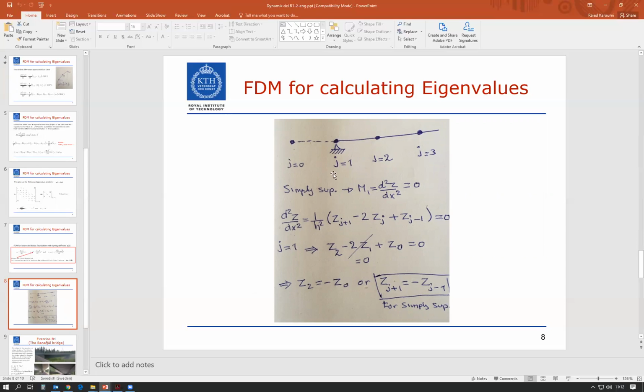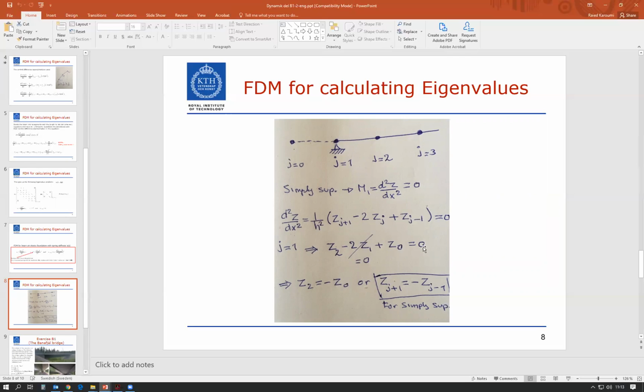We write this for point number 1. So z(j+1) is z2, and minus 2 zj is 0 actually, because we have a simply supported point. And then z(j-1) is z0, which is a fictitious point that lies outside of the beam.